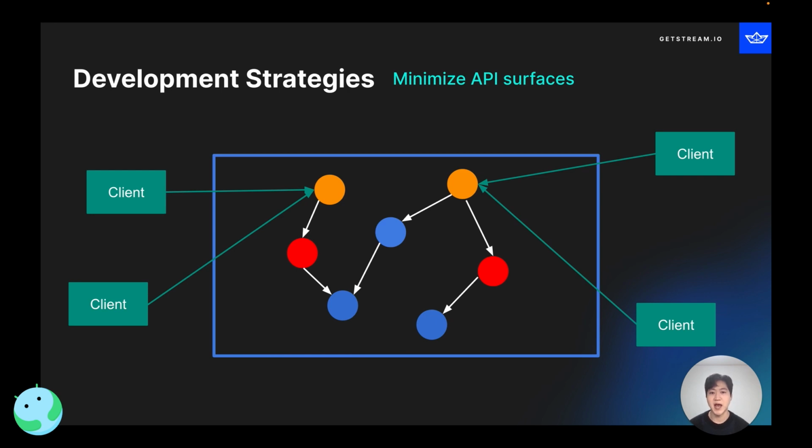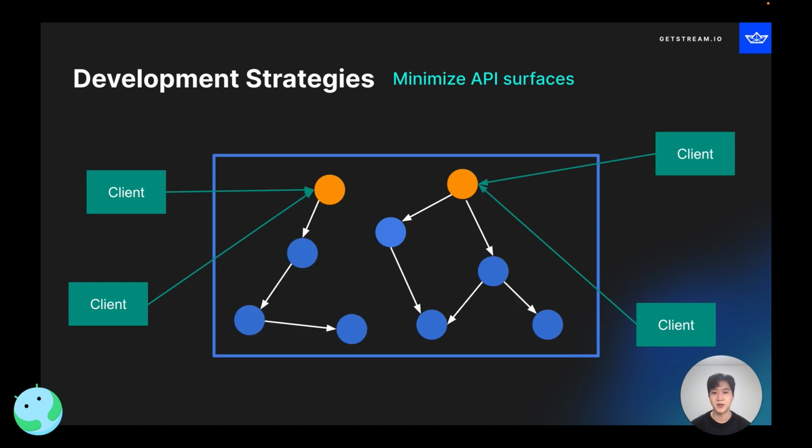So if you change or update the internal APIs, or if you expand more features and restructure internal APIs, the external clients will not be affected. So this allows API maintainers to maintain the APIs much easier, and clients can reduce many resources for migrating to new releases.